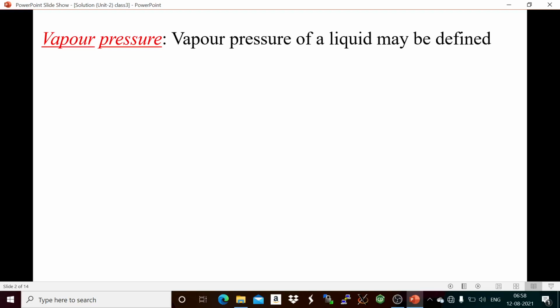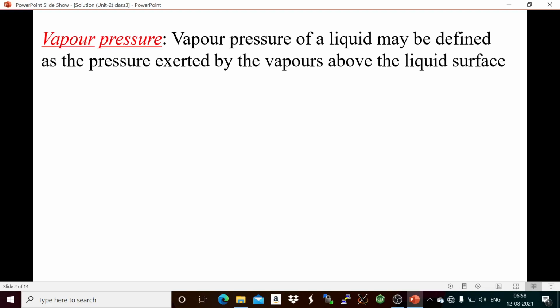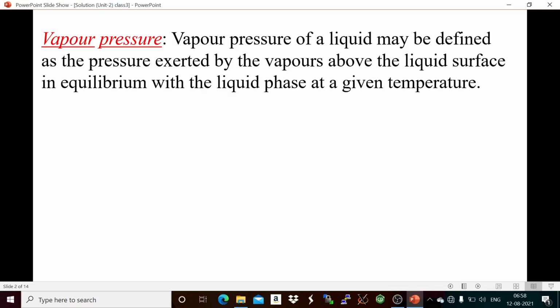Now vapor pressure of a liquid may be defined as the pressure exerted by the vapors above the liquid surface in equilibrium with the liquid phase at a given temperature. So vapor pressure of a liquid means the pressure that is exerted by the vapor on the surface of the liquid, which is in equilibrium with the liquid phase at a particular temperature.